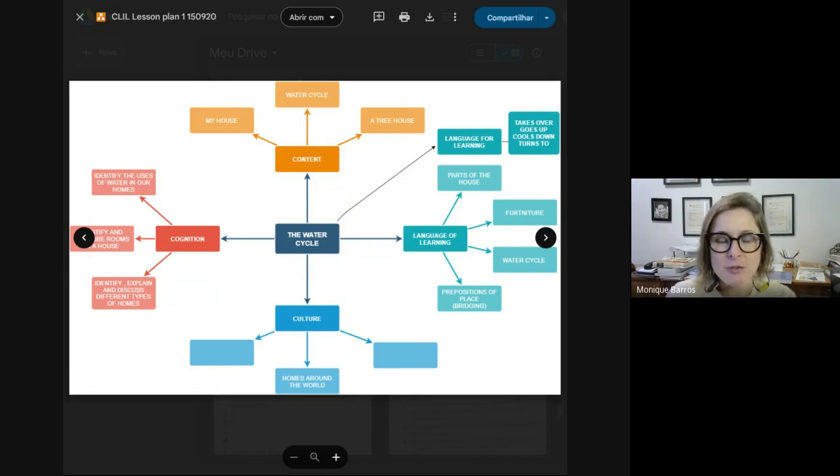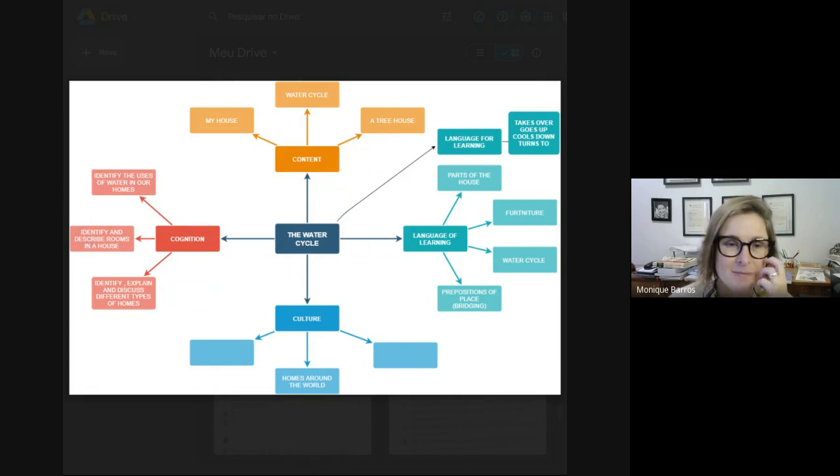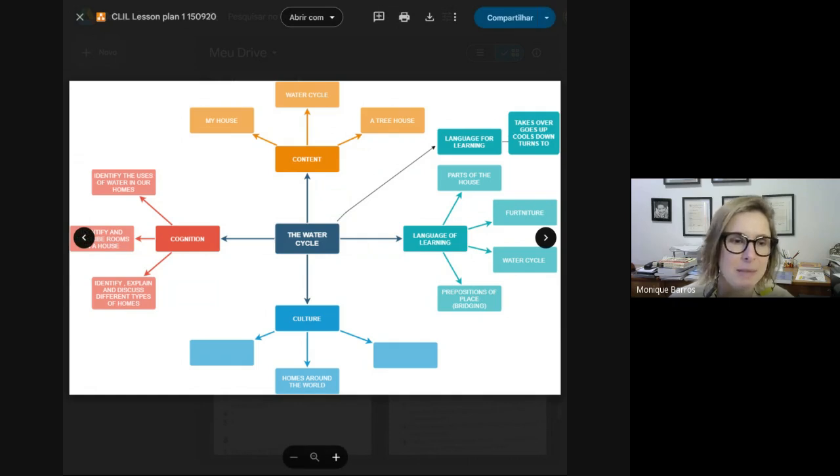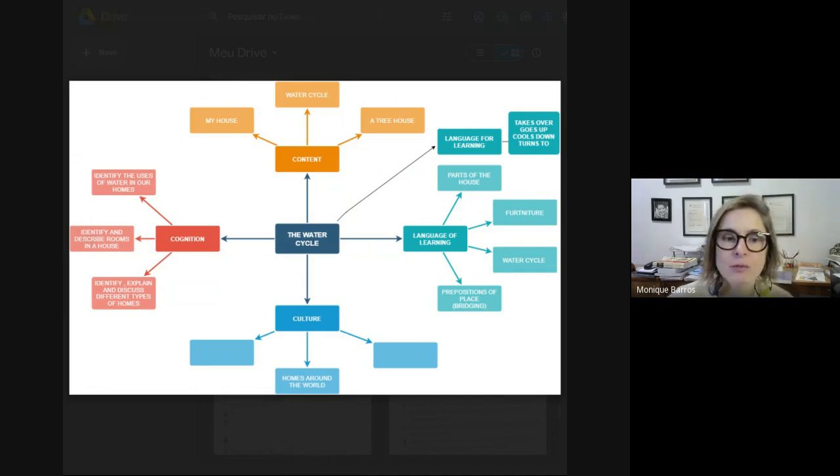So going back to this word web, you see, the lesson is divided into different segments. You have the content that will be taught, the cognition aspects of the lesson, the cultural aspects, and the language of learning. So the language that will be needed for them to learn about the water cycle.